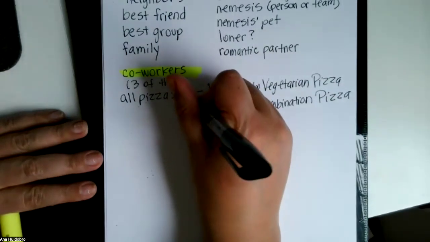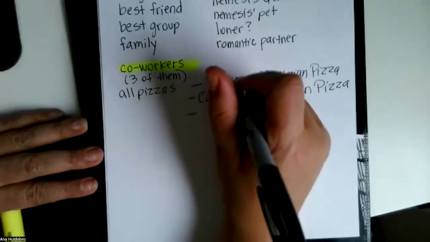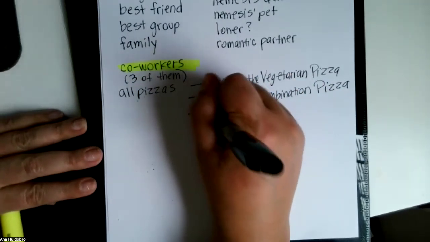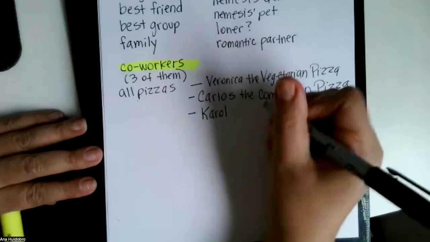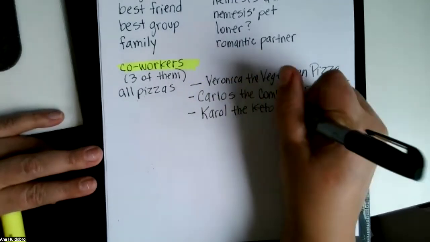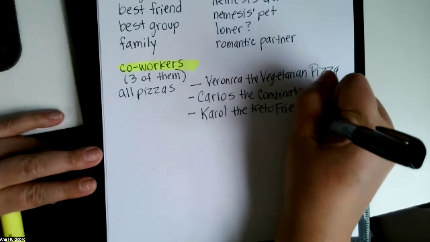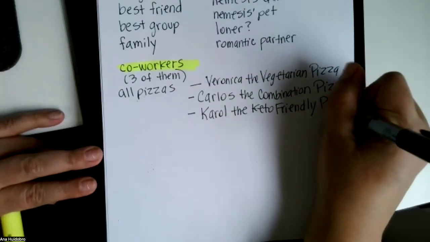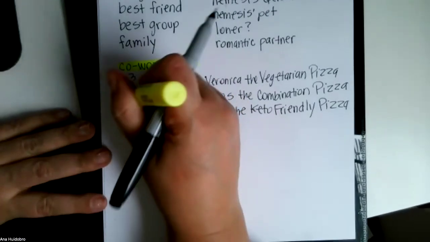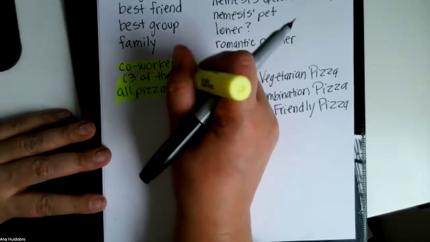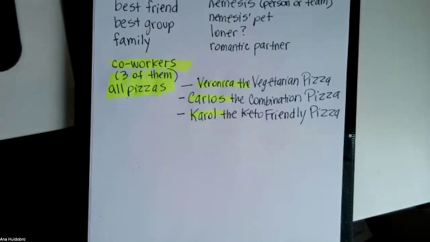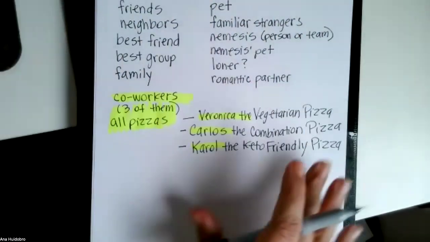And I think the last one is going to be, how about Karol spelled with a K, the keto friendly pizza, so thin crust. So these are going to be my characters, coworker besties, right? They're Veronica, Carlos, and Karol.